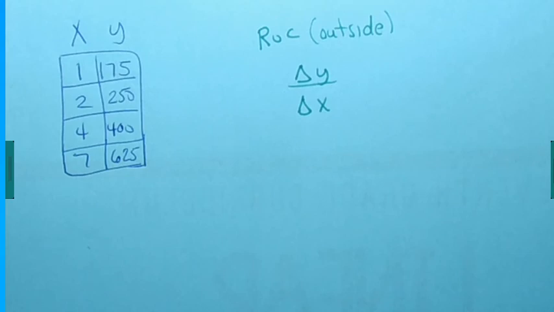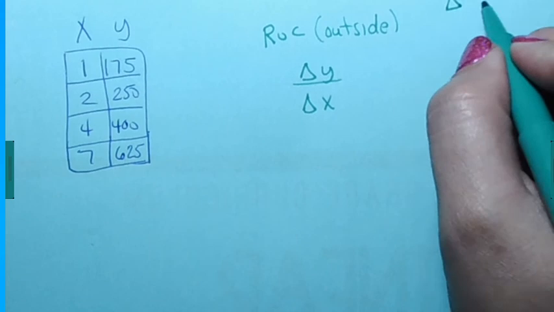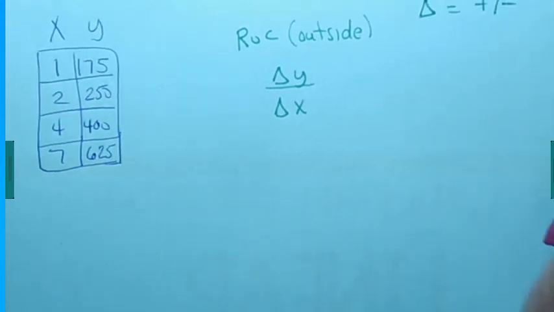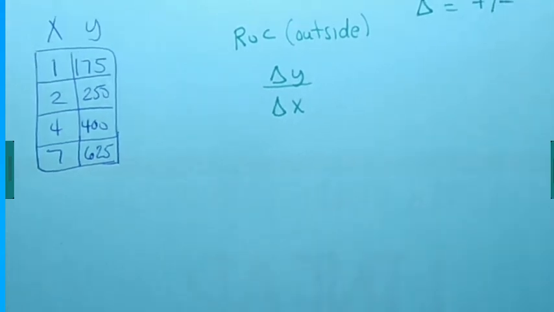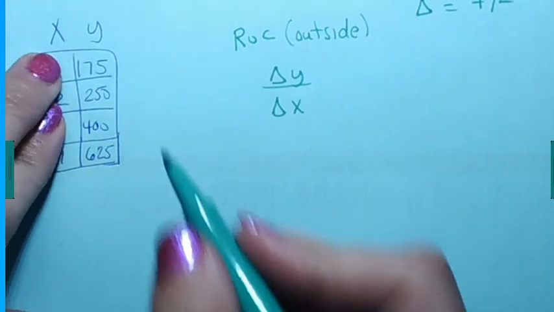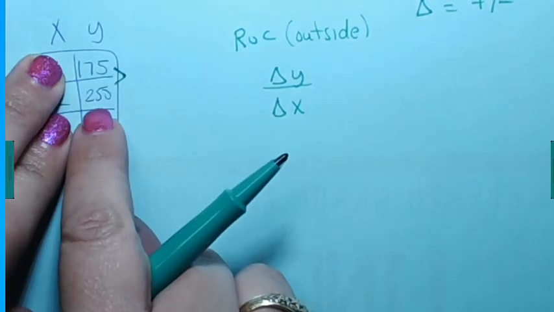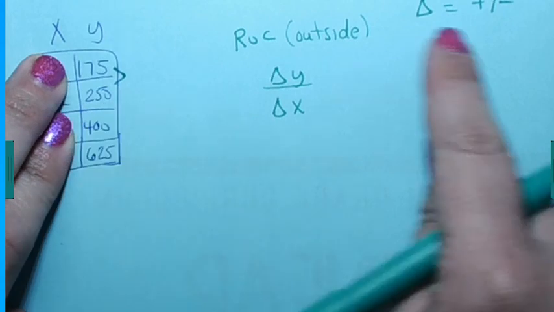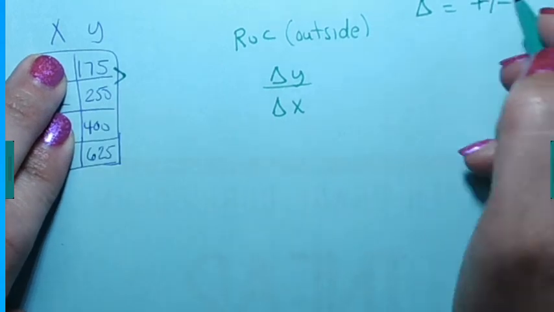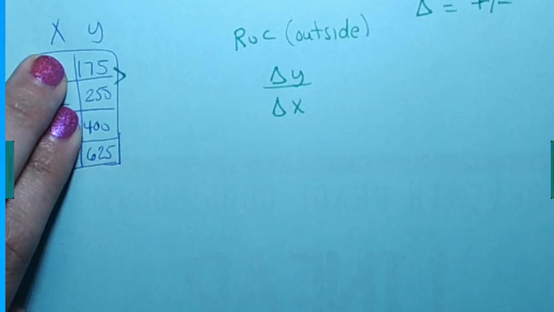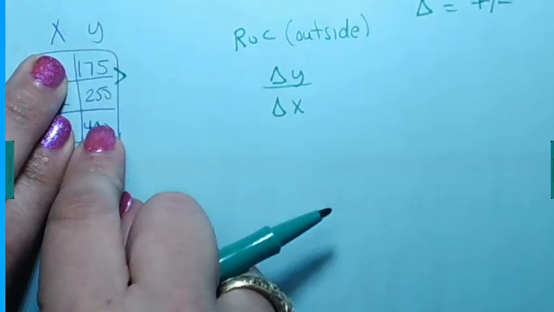Remember we said that it can only be added or subtracted. So delta means how much are we adding or subtracting. All right, so when we come over here and look, how do I get from 175 to 250? First of all, am I adding or subtracting to get from 175 to 250?